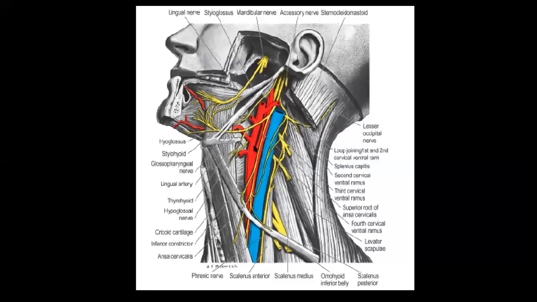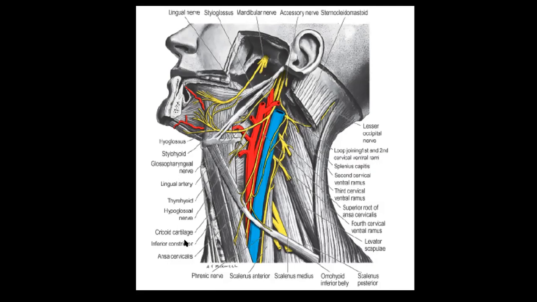It is a U-shaped loop. See here, this loop is called ansa cervicalis. Ansa means loop, cervicalis means in the neck region. Here is the spelling, you can see, ansa cervicalis. This is a short note question.